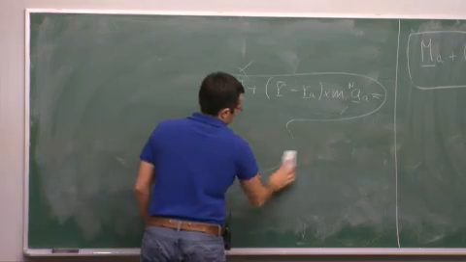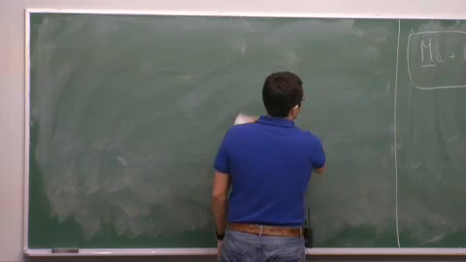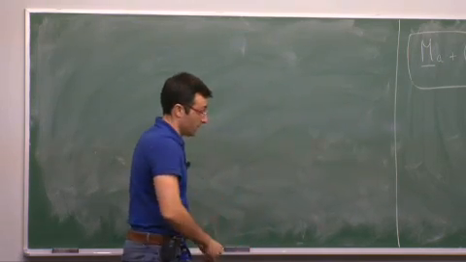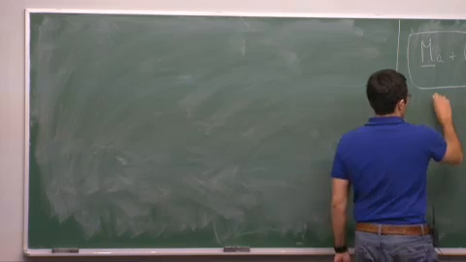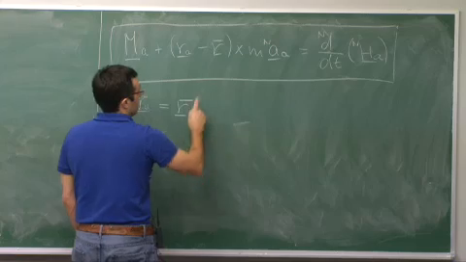Q is any point. I'm free to pick that point. So if you pick the center of mass, what if R^Q is R bar? See what happens there. This goes to 0.